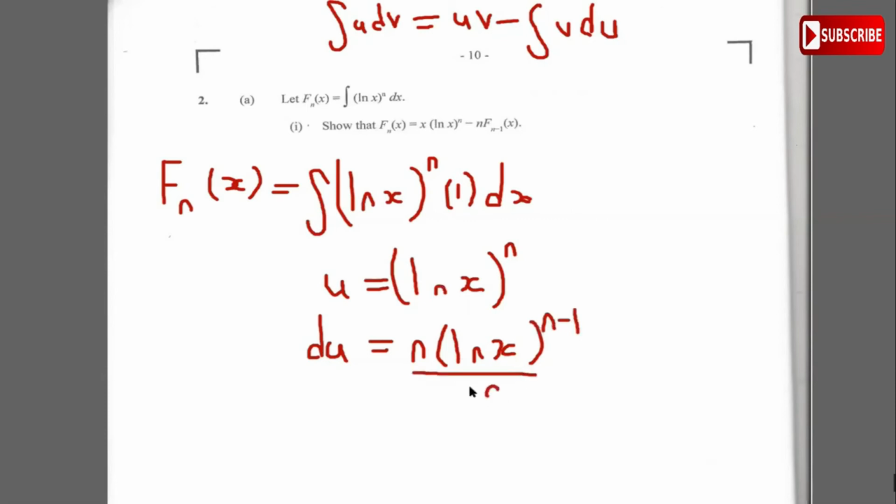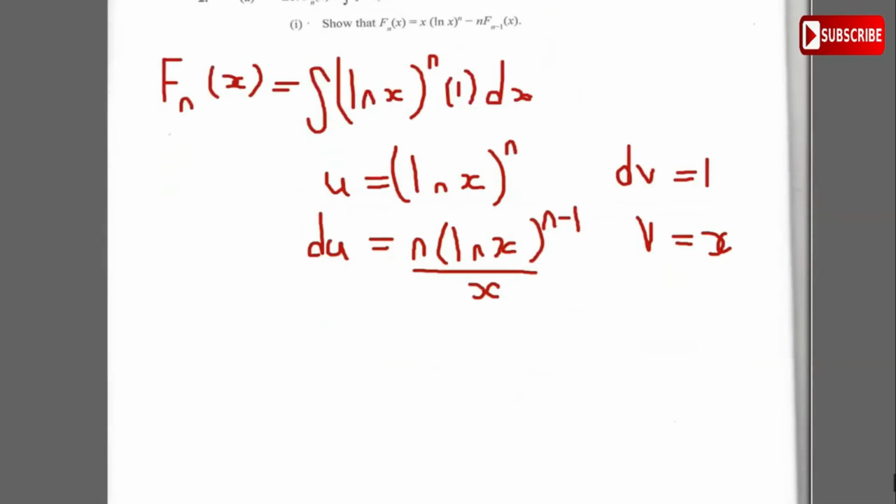So we can put all of this over x. We then call dv = 1, and if dv is 1, then v is the integral of 1, which is x. Nice.